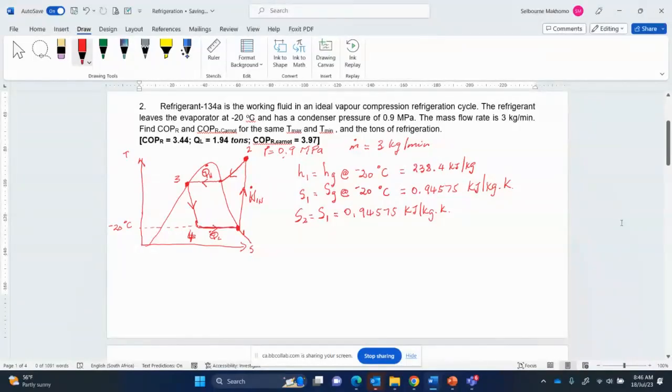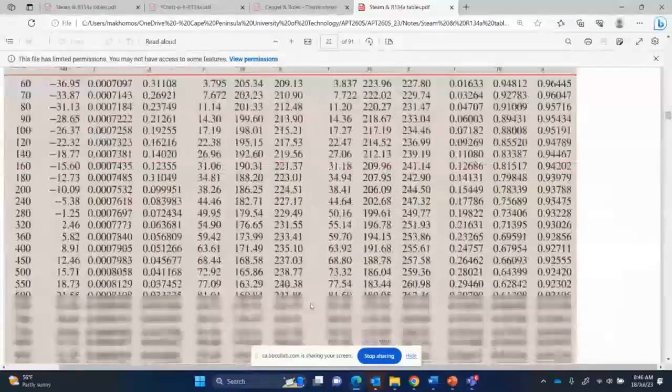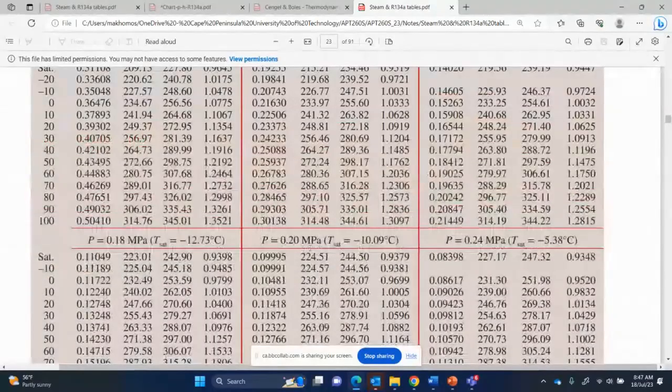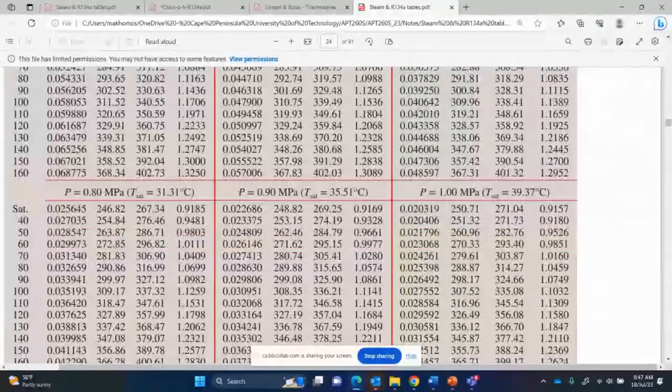So we go to the superheated refrigerant tables at 0.9 MPa, and so we say that H2 at 0.9 MPa and entropy 0.94575 from tables is equal to, now we're going back, let's go to the tables, at 0.9, superheated steam tables. Where is 0.9? Here is 0.9.